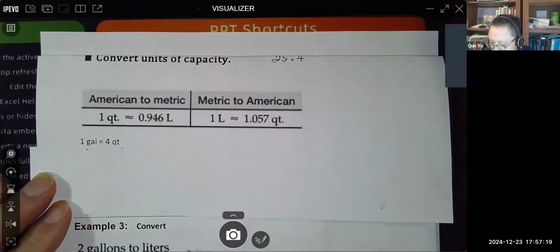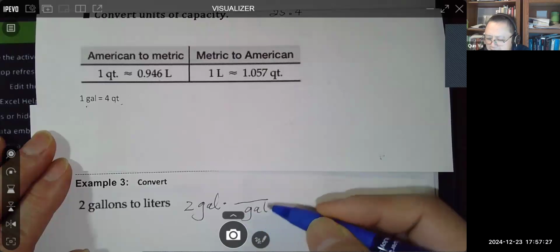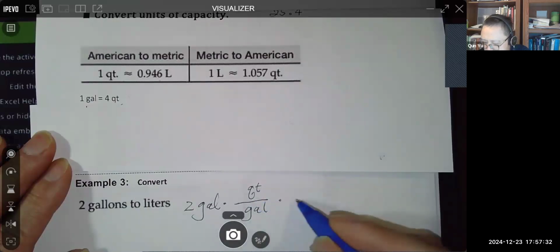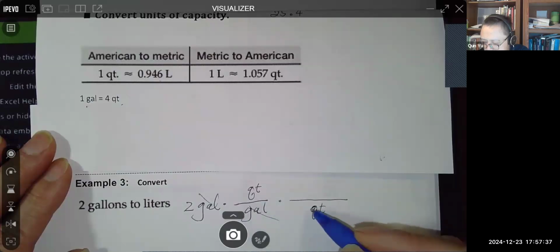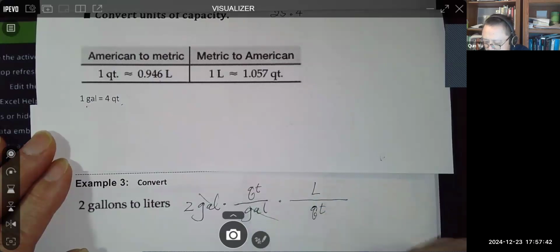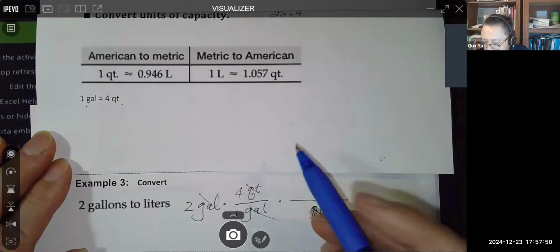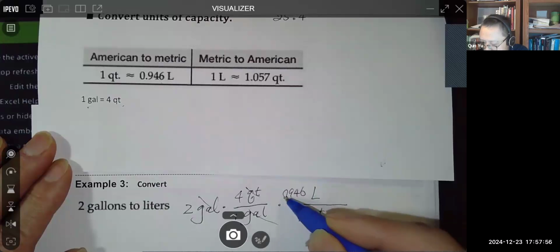So let's do it, 2 gallons. Dimensional analysis method. We want to cancel gallon to get quart first. Then after that, imagine gallon canceled. Now to cancel quart, that's why I put another one on the bottom. Then finally we can reach the liter. Now it's time to plug in numbers. 1 gallon for 4 quarts and 1 quart, 0.946 liters.